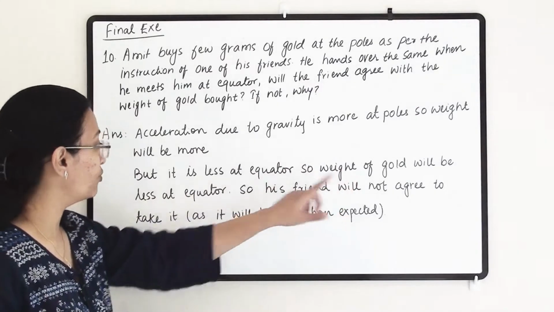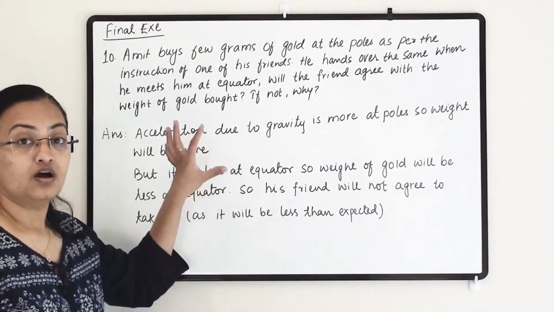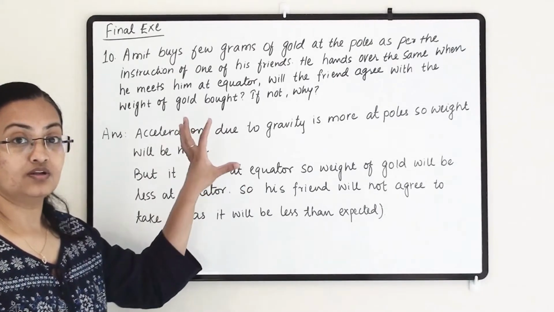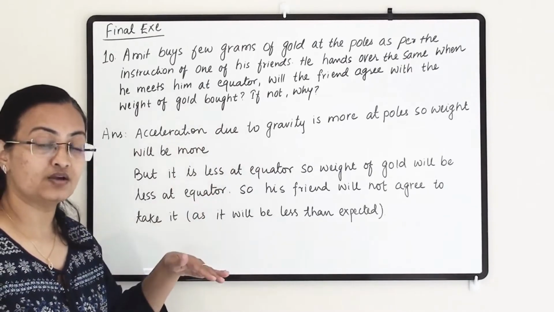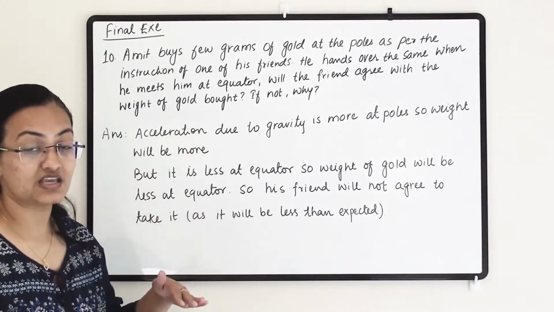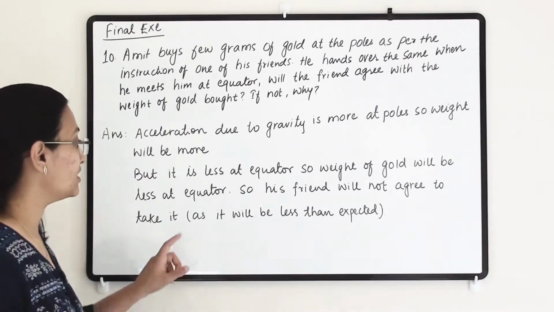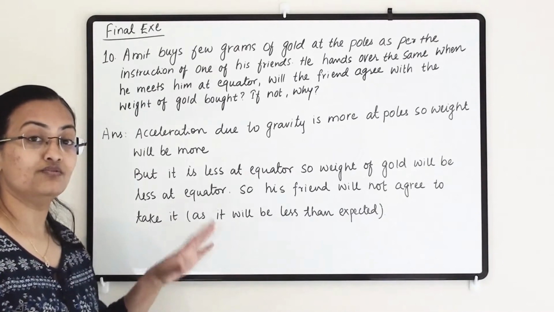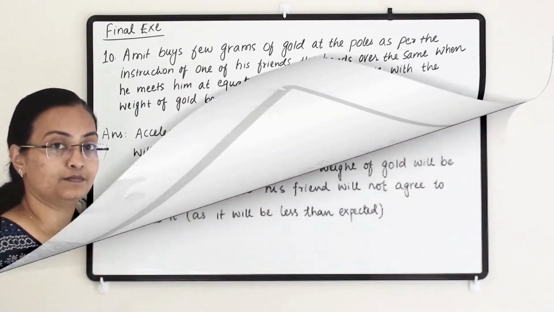So the weight of gold will be less at the equator. Amit has bought the gold of certain weight at some price. When he reaches the equator, the price will remain the same, but the weight of the gold will be less. So his friend will not agree to buy that because the weight will be less compared to what he was expecting.